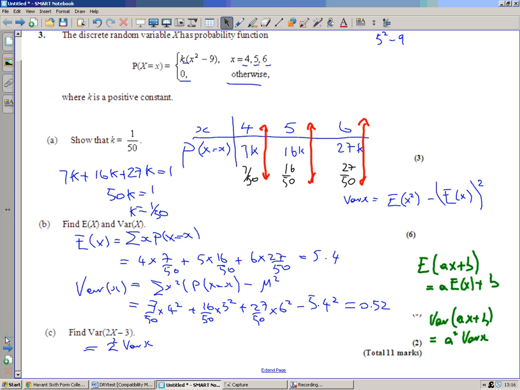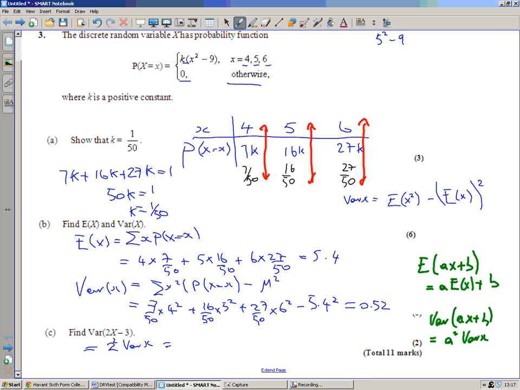Why squared, do you think? Well, standard deviation takes the square root, so variance is the standard deviation squared, and that's why it's a square in the formula. They're not in the formula book, so do remember that it's squared.